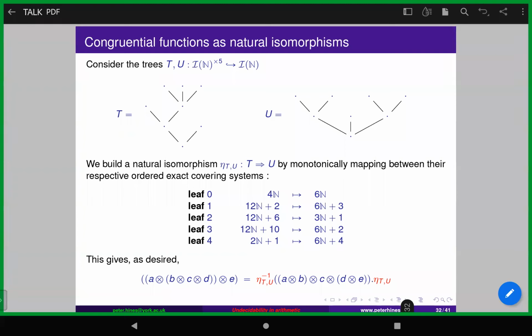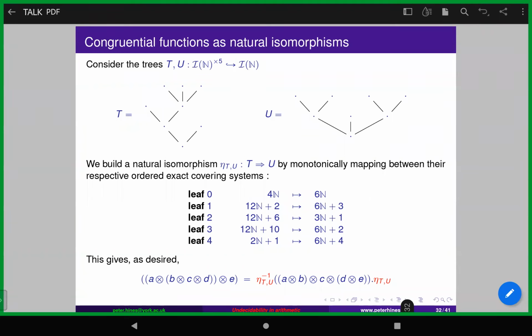Taken together, these give an exact covering system. And we map one modulo class to another modulo class. This gives us a partial function, and we take the sum of all these partial functions to get a globally defined function, and we quite simply have something that maps the result of one homomorphism to the result of another homomorphism by conjugation.